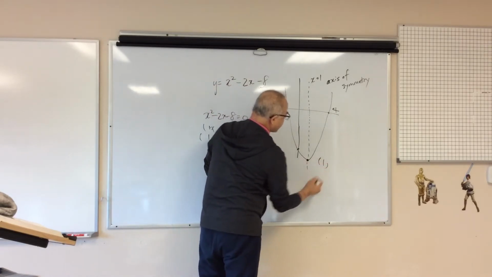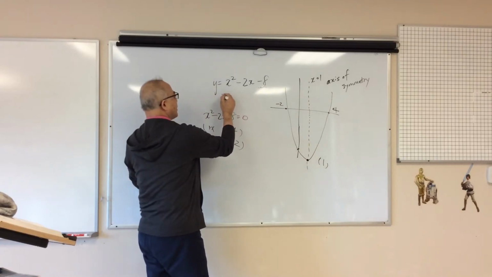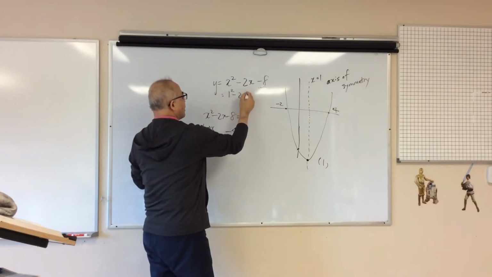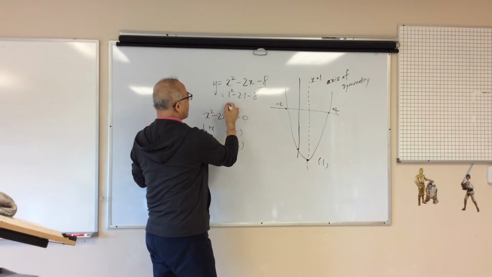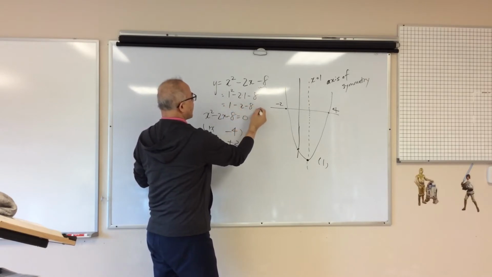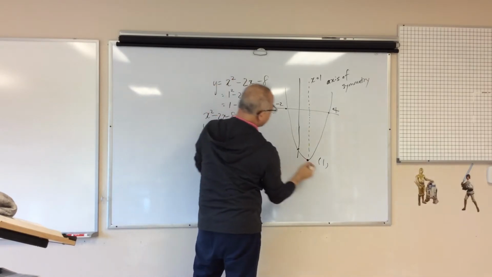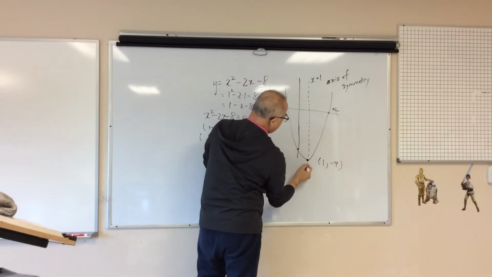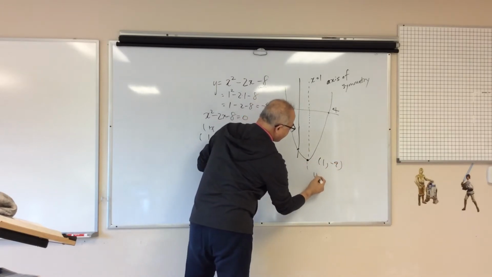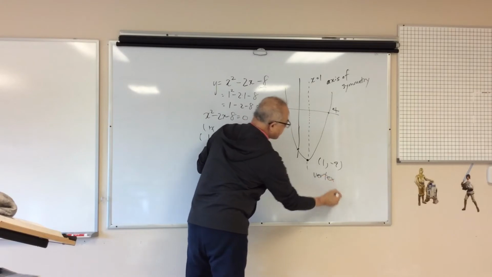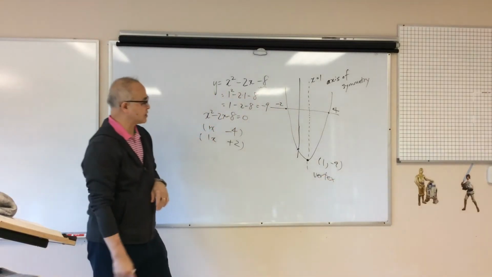This point is where x is equal to 1. So when x is equal to 1, what do I get? I get 1 squared minus 2 minus 8, which is minus 9. This point is also called the vertex. So these are things that we know.